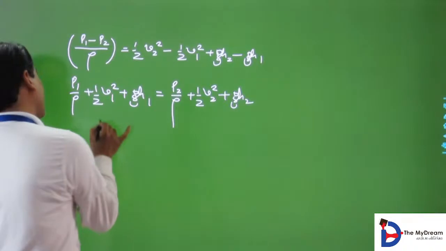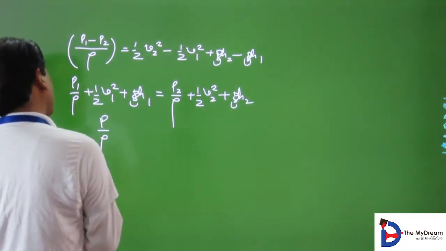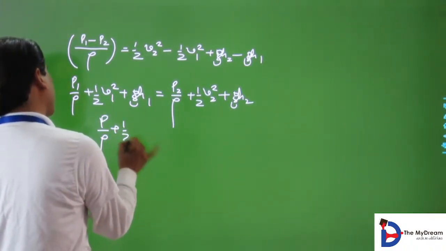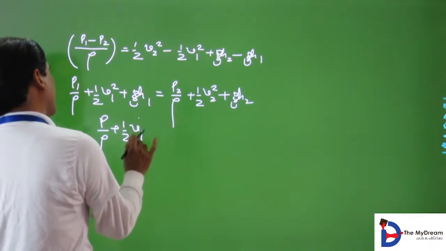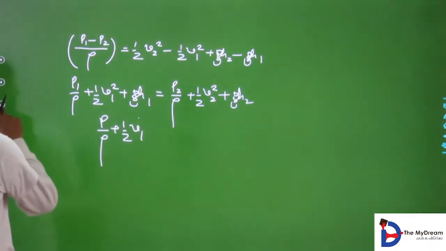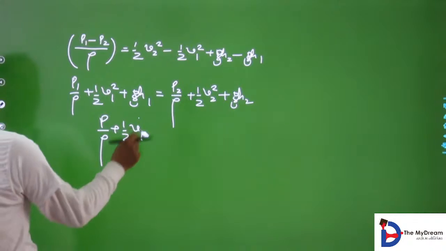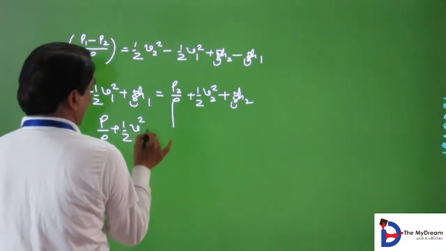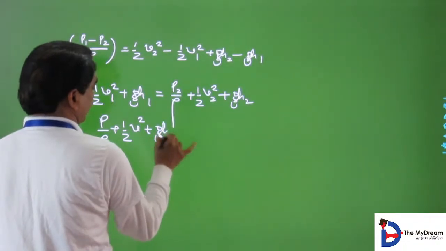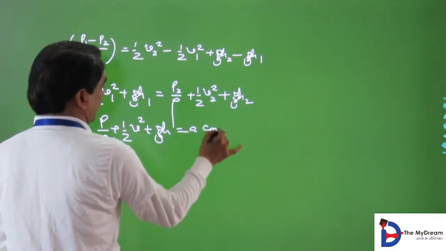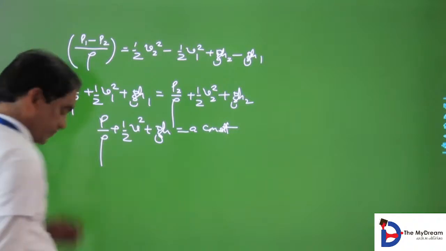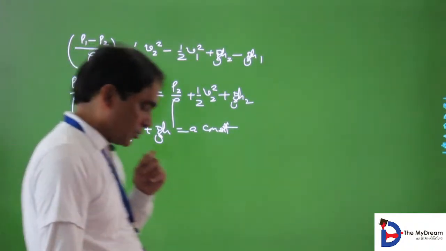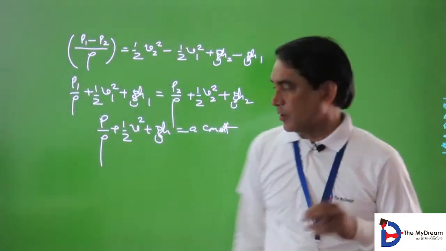It can be written in this form also: P by rho plus half V square plus g h is equal to a constant. So this is the Bernoulli principle or Bernoulli theorem.